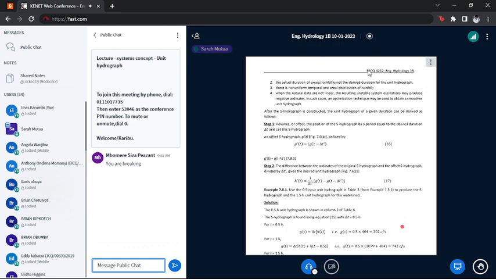You call this one an offset S hydrograph, or rather G prime of t. And G prime of t will be defined by G of t minus dt.